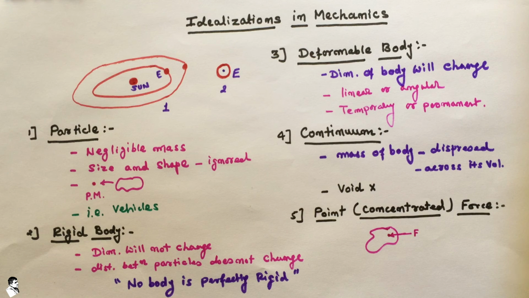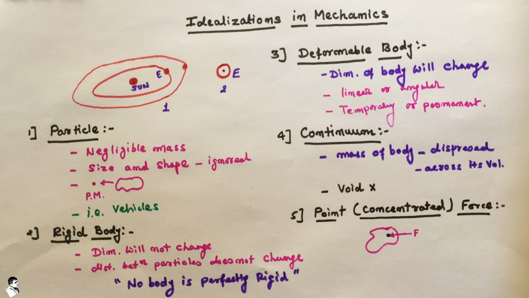In reality there will be a force acting on the whole body, but this is a point where we consider the force is acting, and that is very important in our study, so we can define a force in a particular manner with its magnitude and direction. This is a third point that is very important, the point force.